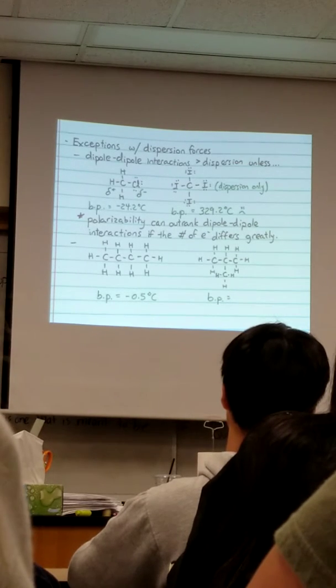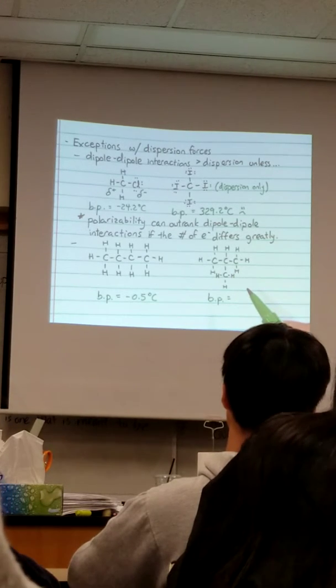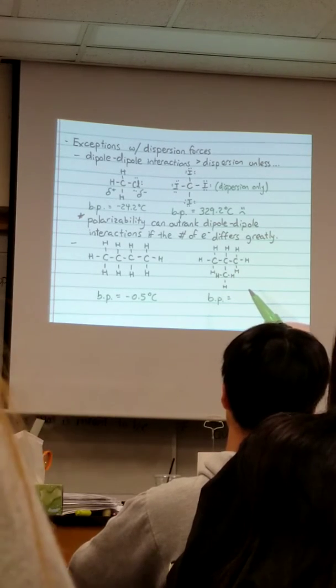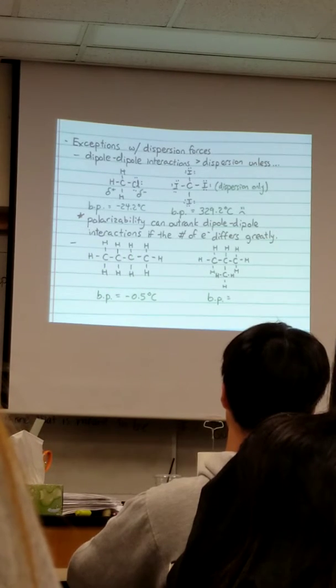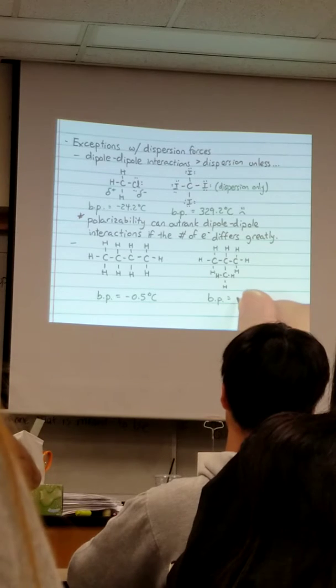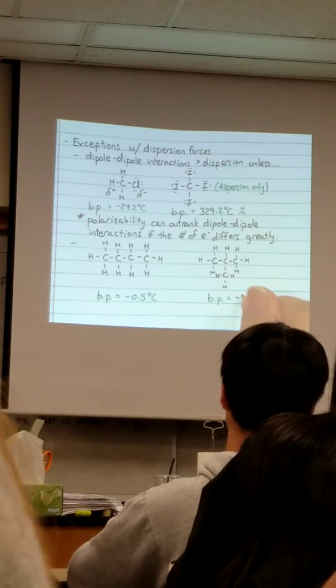The same, right? Because we have the same intermolecular forces, same chemical formula, and we can't use the trick question because it's the same number of electrons. So, we expect the same temperature. It's not.